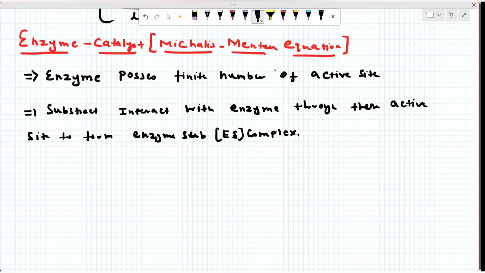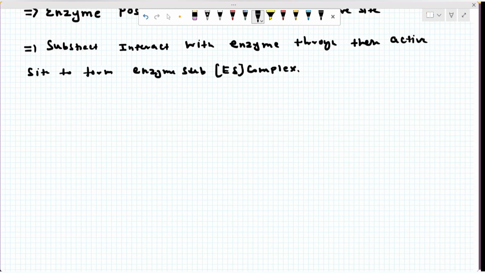Please note. Now see the mechanism. Next point, please note, very important.